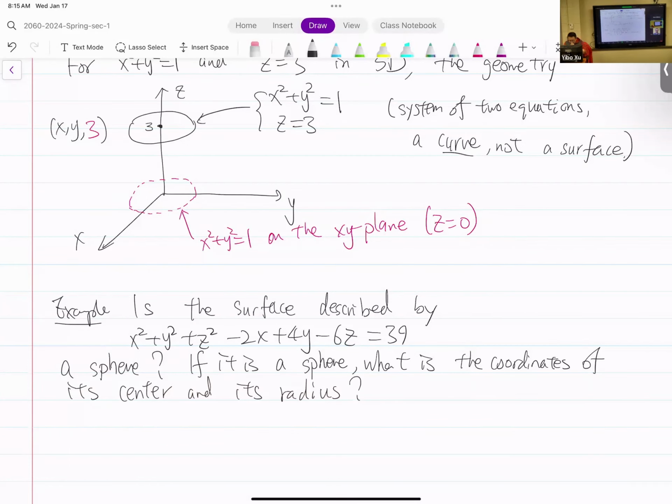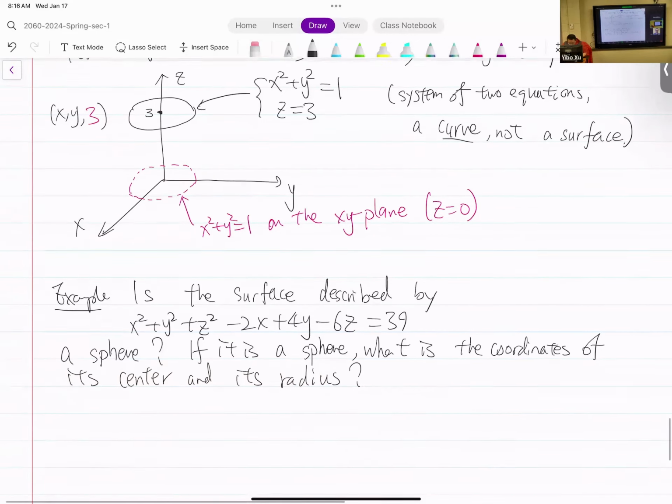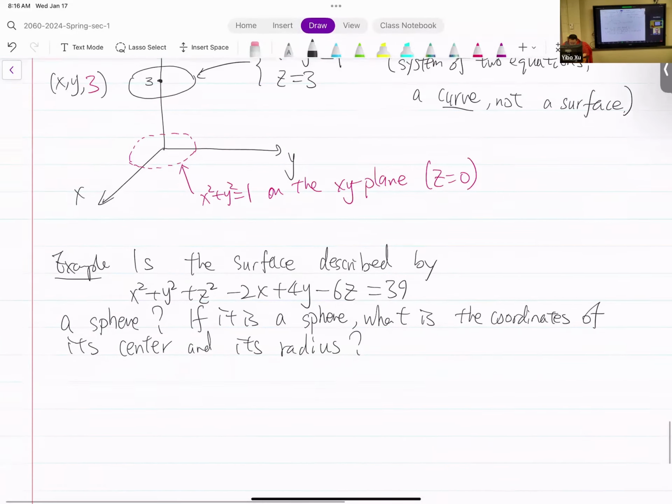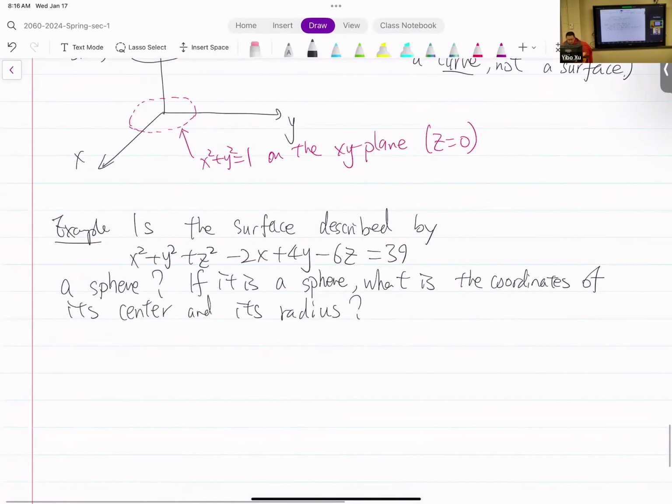So this is a very important kind of question for this section. Okay, so we recall that the formula of a sphere actually has two important components.